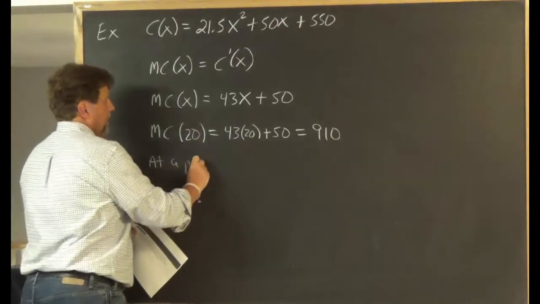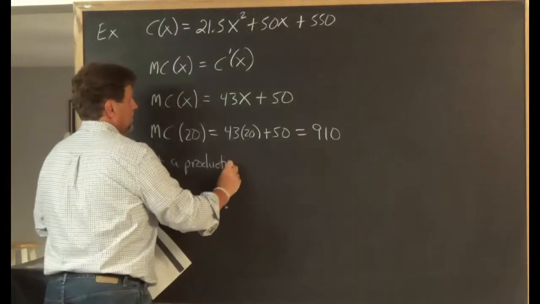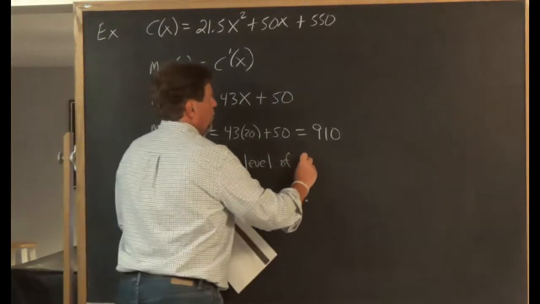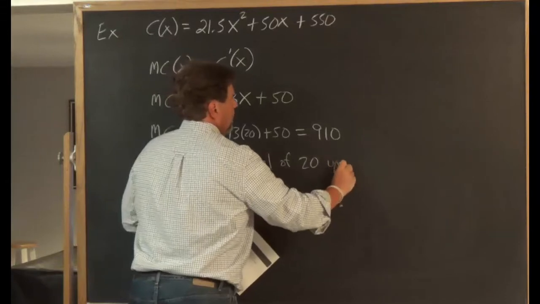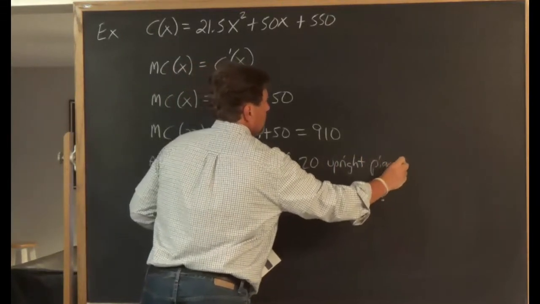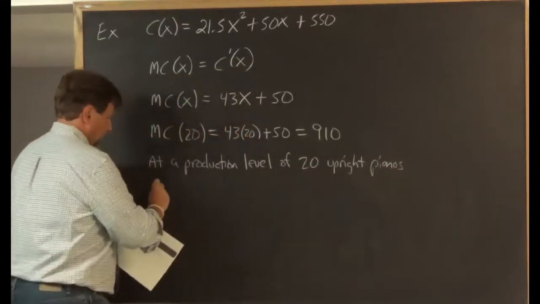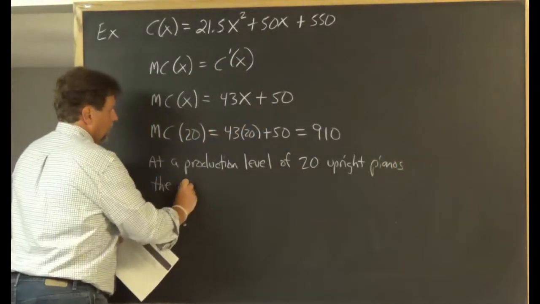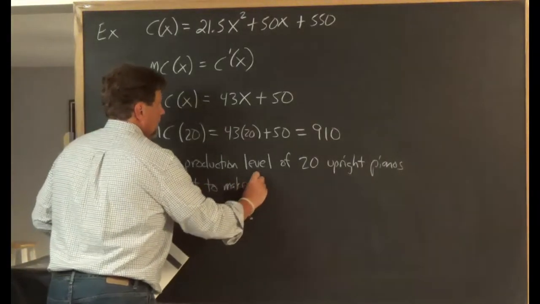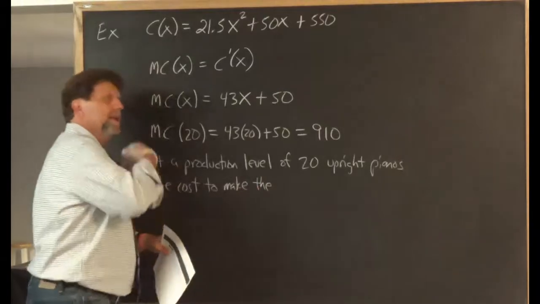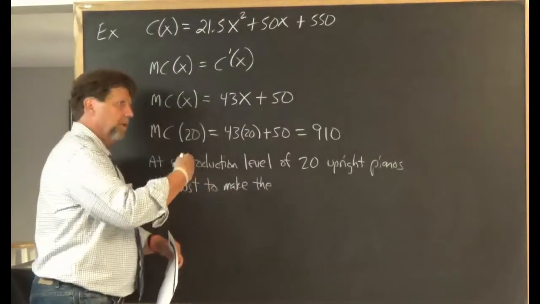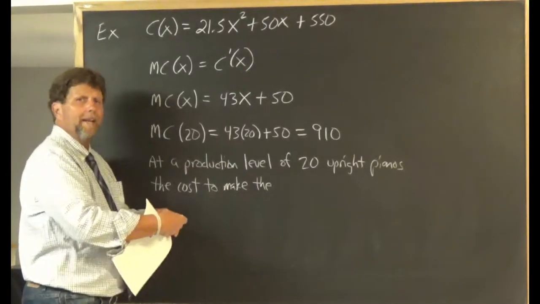At a production level of 20 upright pianos, the cost to make the next upright piano, it's the next unit, well, the next one would be the 21st.